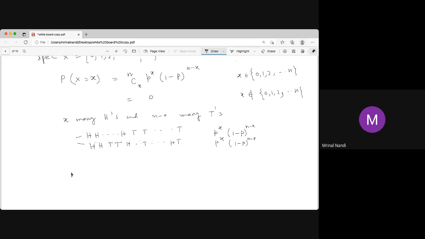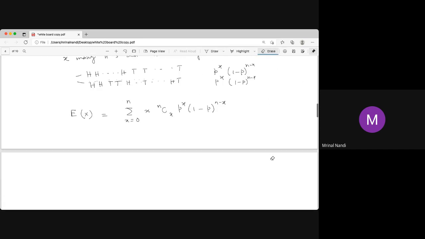So what will be the expectation? Now this is tricky. You have to find the expectation from 0 to n. You have to add 0 to n, x into the probability of X equal to x. So it is just nCx p to the power x 1 minus p to the power n minus x. So it is slightly tricky. Now for x equal to 0, we just omit this term. So we can just say x equal to 1 to n because x equal to 0 gives 0.